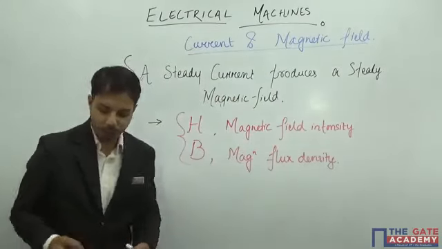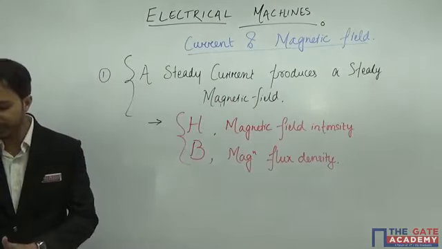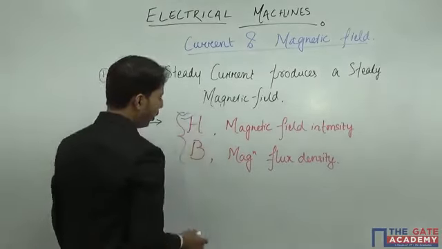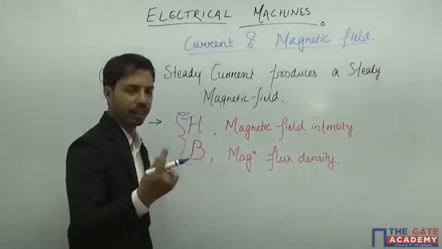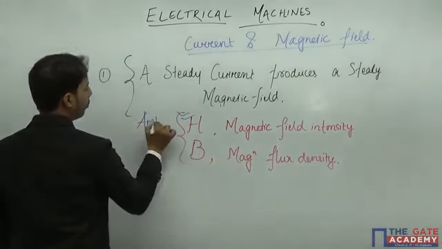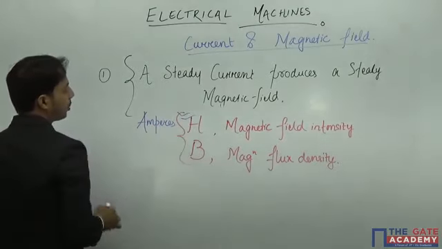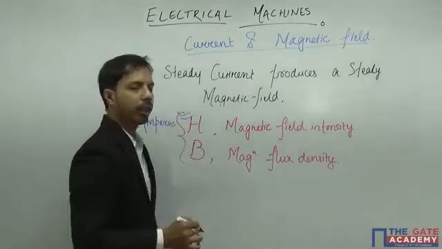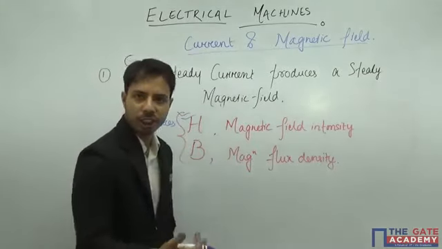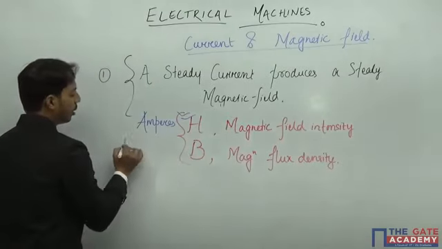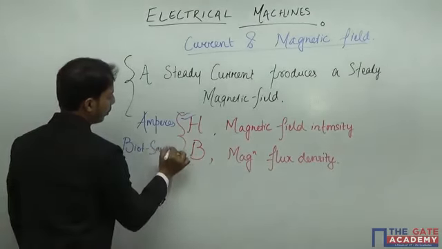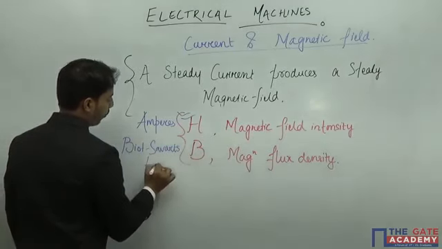Now if we need to calculate the strength of field in terms of H for a steady current and a straight conductor, we can use Ampere's law. There is one more law, a more generalized version of Ampere's law, called Biot-Savart's law.